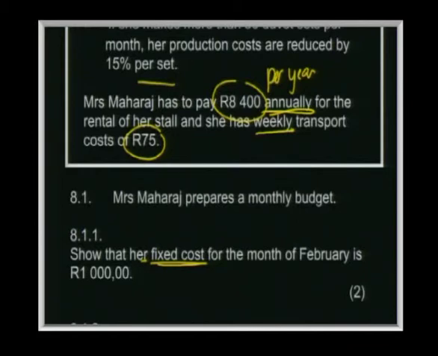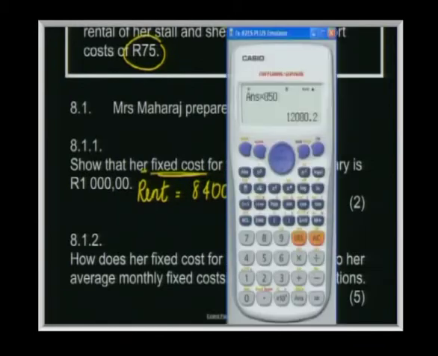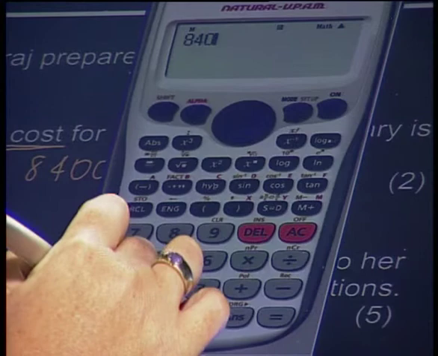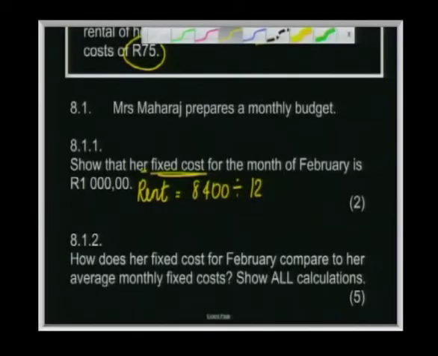So let's see where that gets us. So her rent is equal to 8,400 divided by 12. Which means it's 700 rand per month.